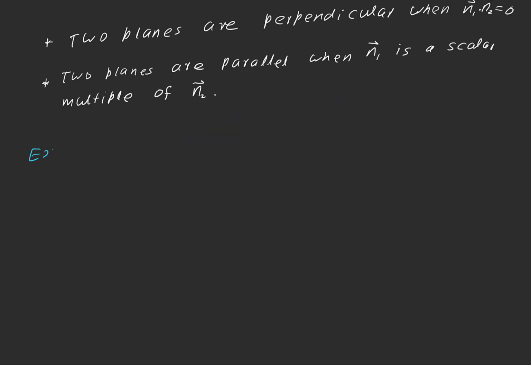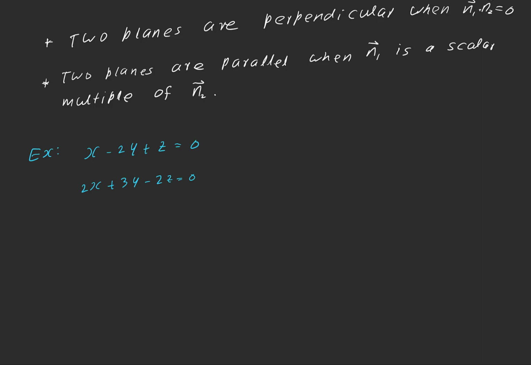Now example, find the angle between the two planes. I give you first one, x minus 2y plus z equals 0, and the next one, 2x plus 3y minus 2z equals 0. How do we find the angle between these two planes?